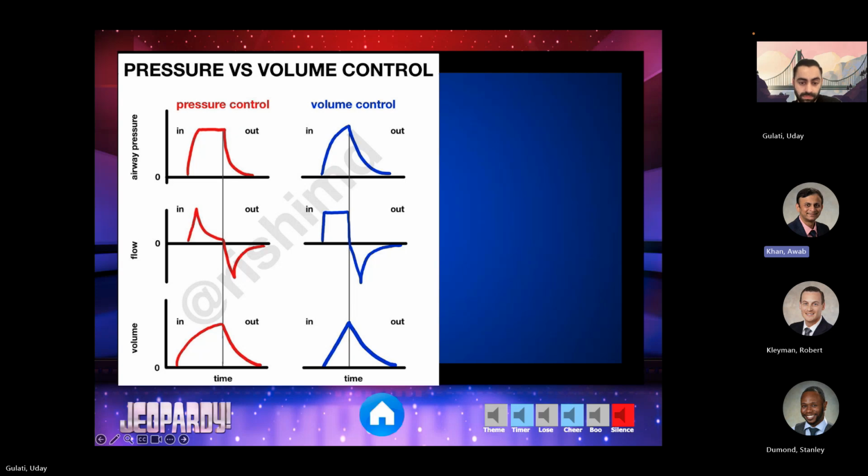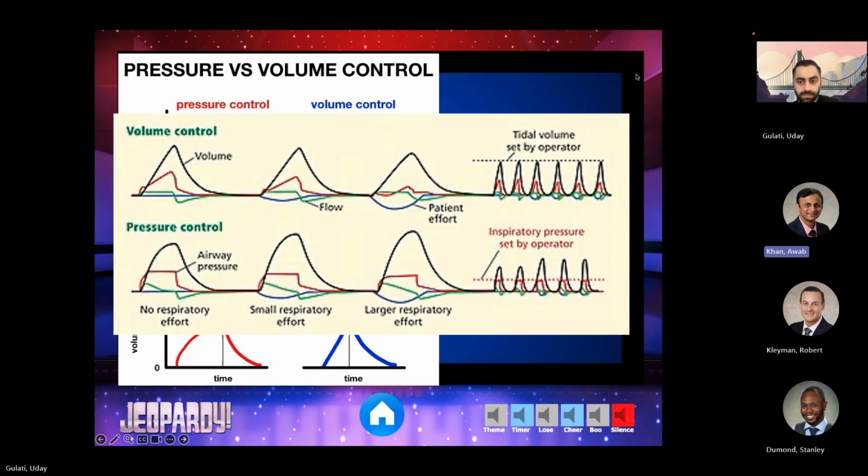Sometimes they'll ask you about the fixed variable, the dependent variable and the independent variable. The easiest way to remember it is compliance is volume over pressure. No matter where you put pressure or volume, one of them has to change. Therefore, one is always the dependent variable, and then what ends up getting cycled is flow.